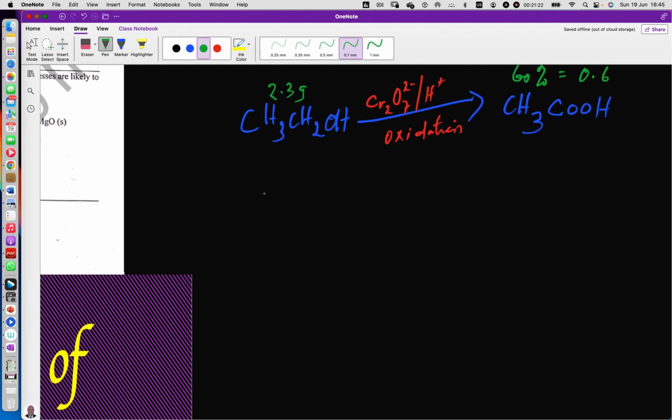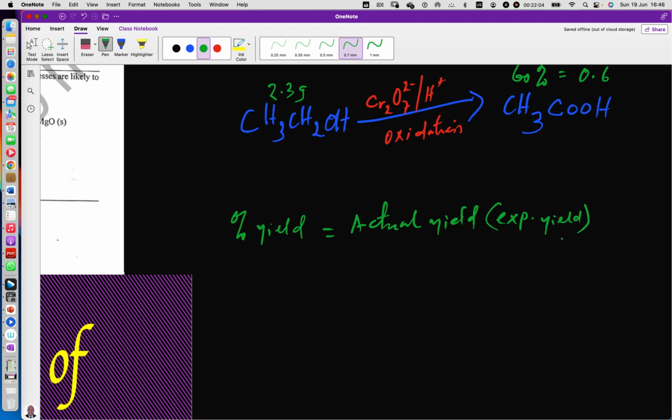The formula is: percentage yield is equal to the actual yield, or what we call experimental yield from our experiment, divided by the theoretical yield.